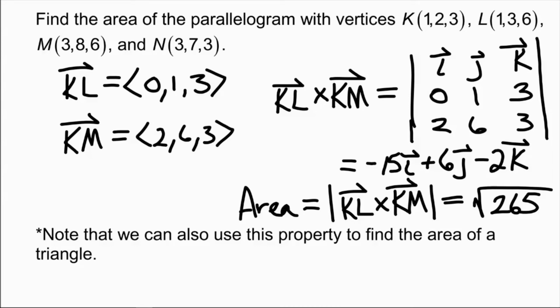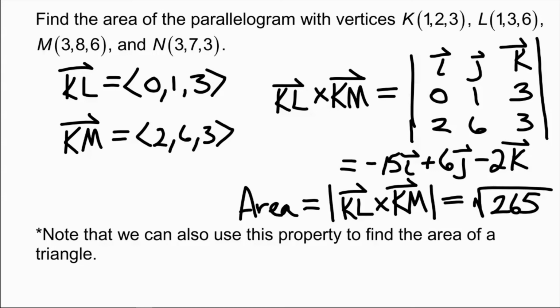I did show the setup for my cross product, but all that stuff I showed on the first one with the 2 by 2 determinants, I don't need to see that every time. I want you to get to the point that you can do the majority of this in your head and jump from the setup to the cross product's resulting solution. And then for my area, it was the magnitude of that vector.